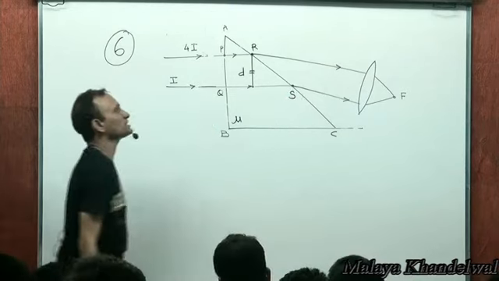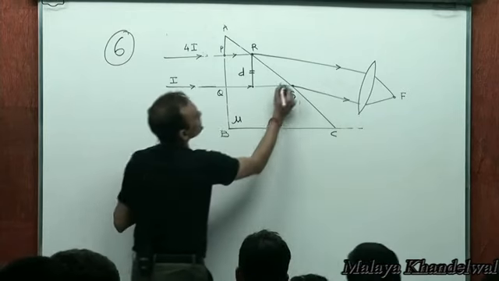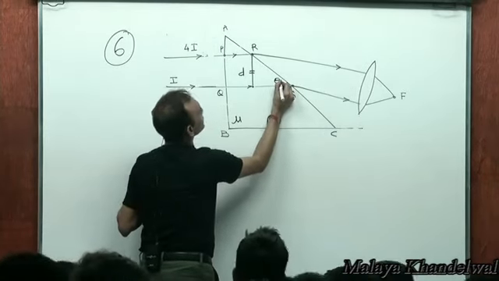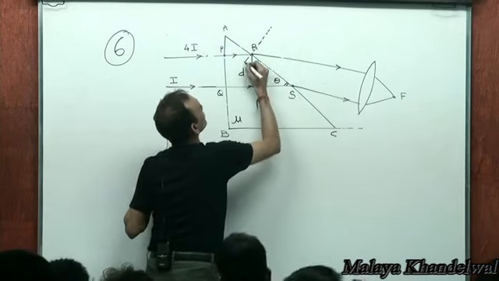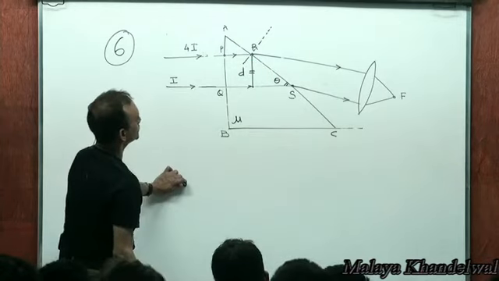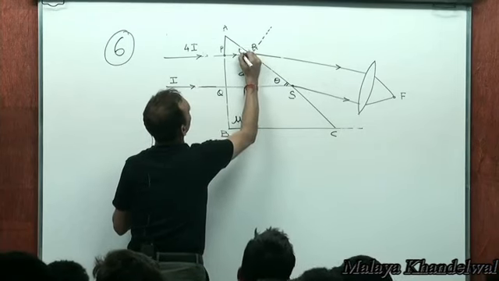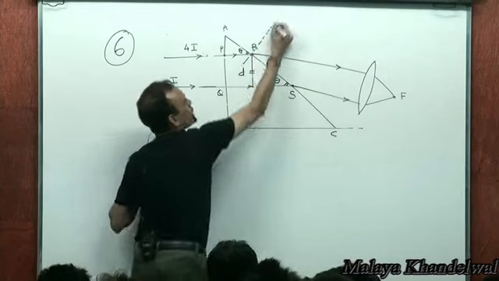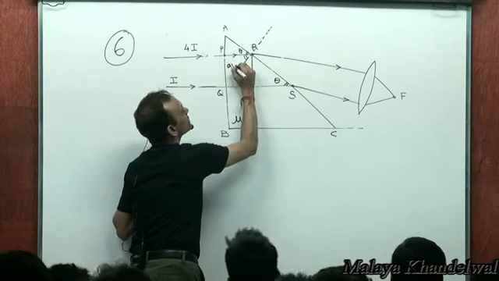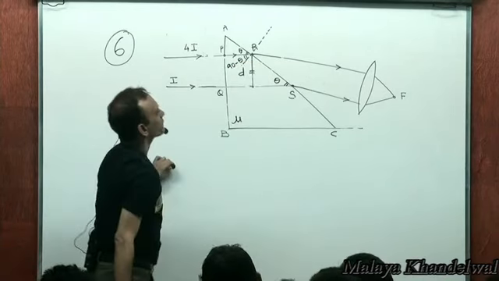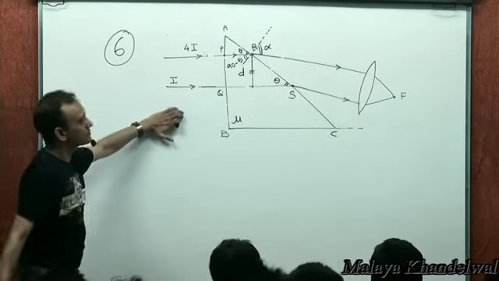These are points R and S. Say this angle is some theta. That means this is the normal at the point of incidence R. This is, say, 90 minus theta, and it emerges at an angle alpha, say. Right?